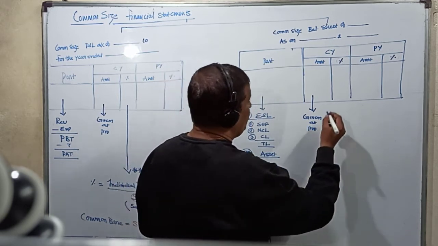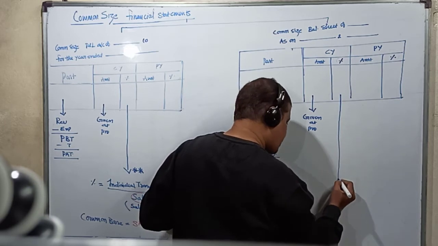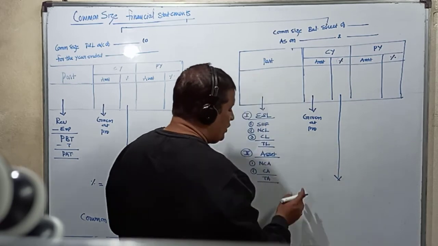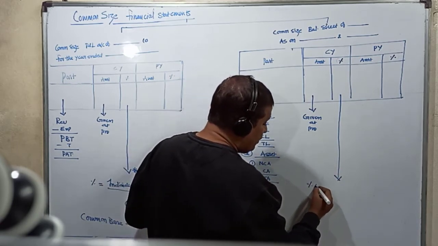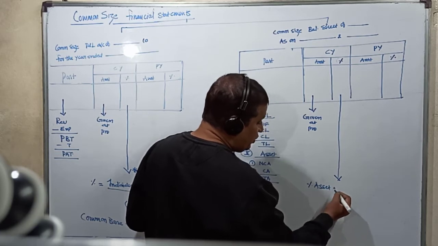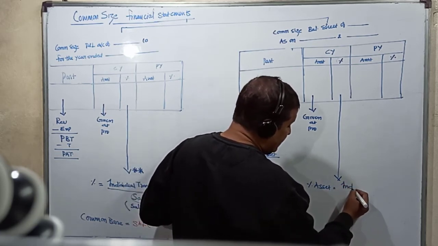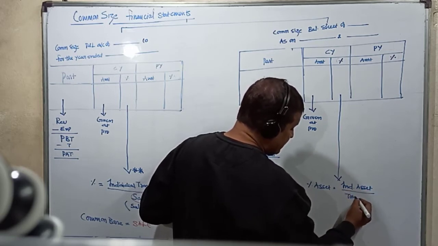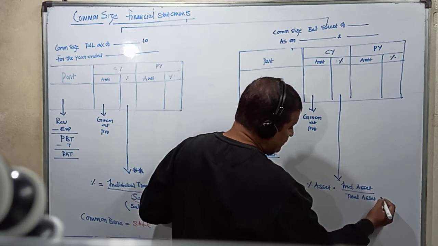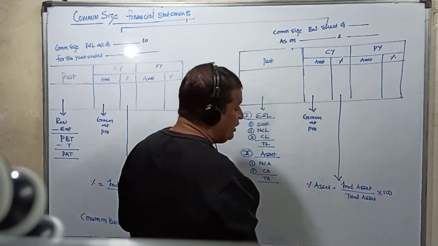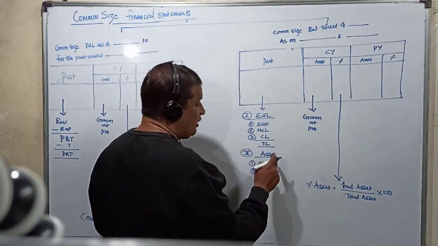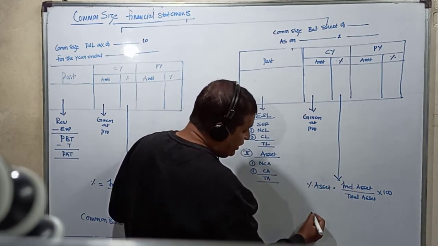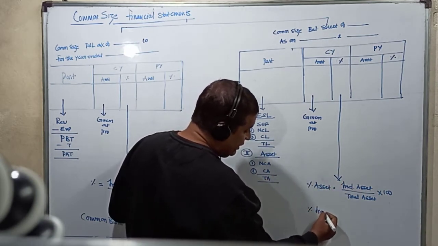Now the question comes, what about the percentage column? Look at this. The percentage column for assets: we get it like this, individual asset divided by total assets into 100. Take every individual asset, divide by total assets and multiply by 100. How do you get the percentage on the liability side?